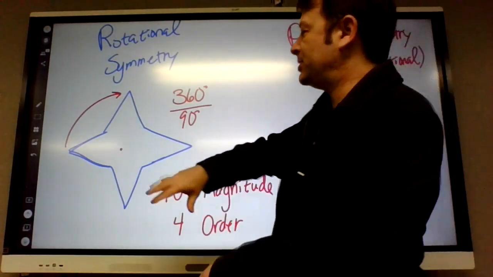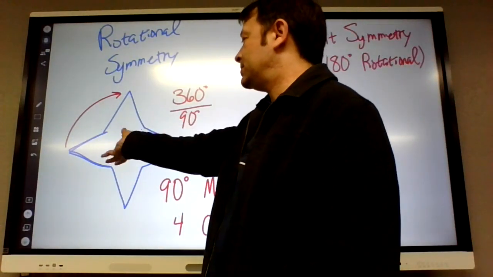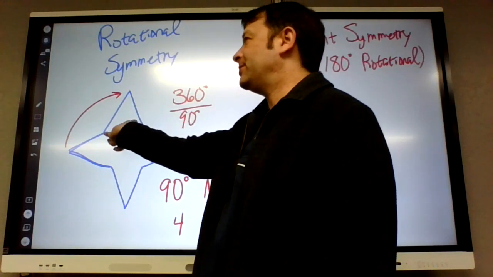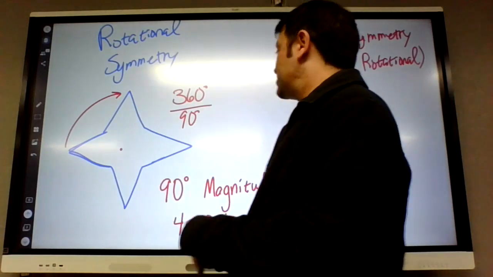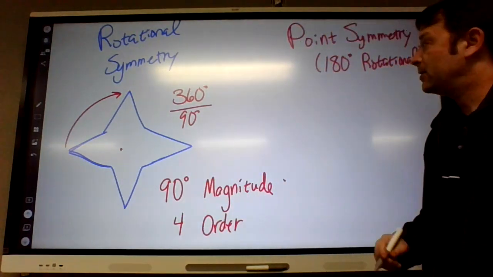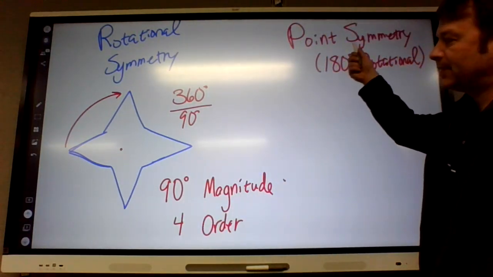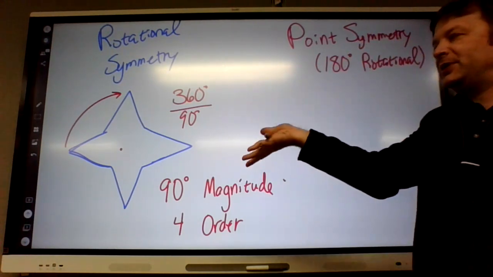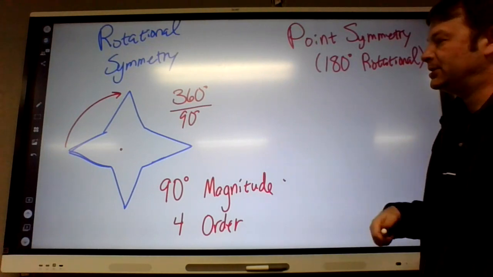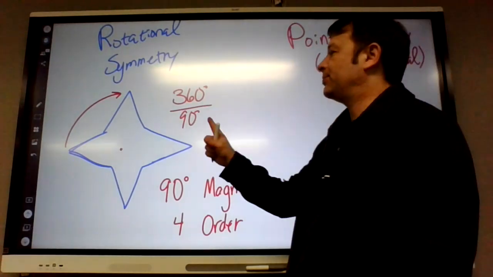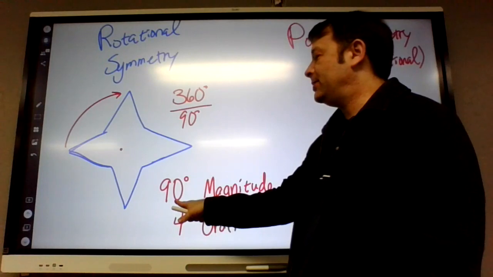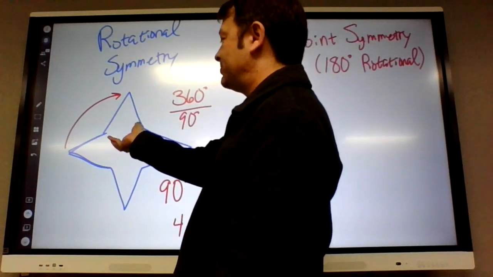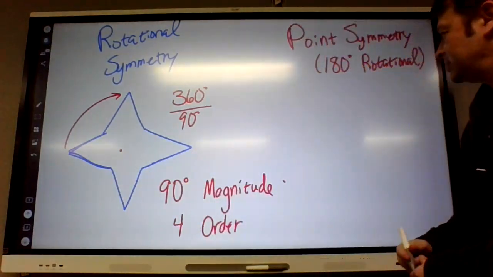In other words, if I rotate this 180 degrees, upside down, does it look the same? Yes, so this has point symmetry as well. If it has 90-degree magnitude, that means you turn it 90 twice and it should still look the same, so it has to have point symmetry.